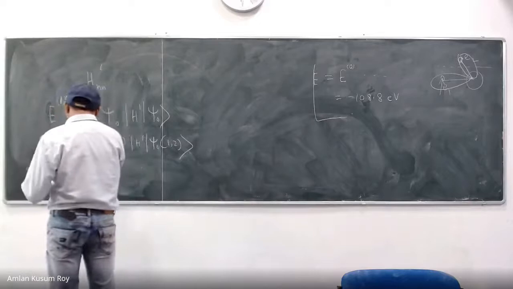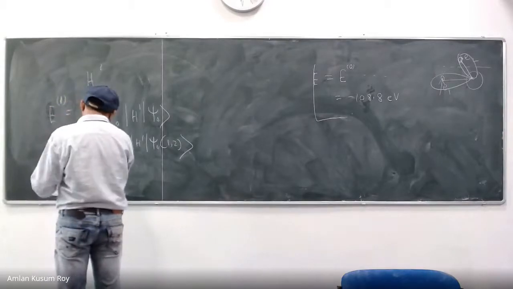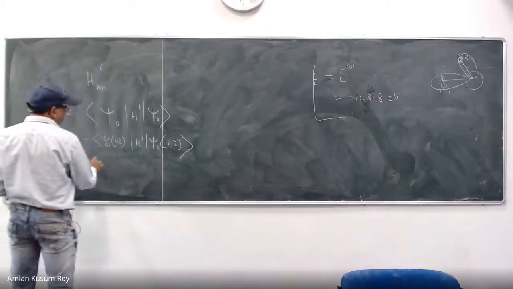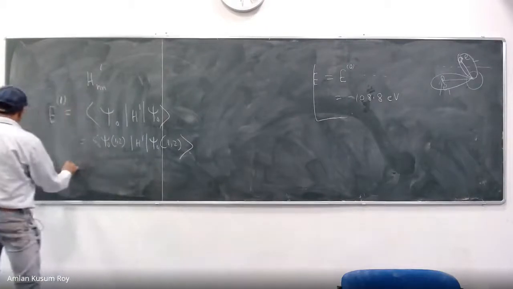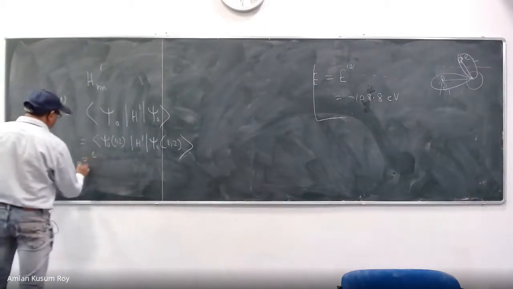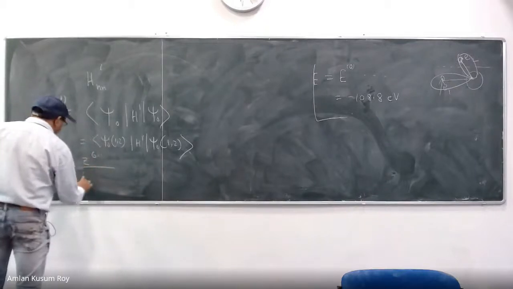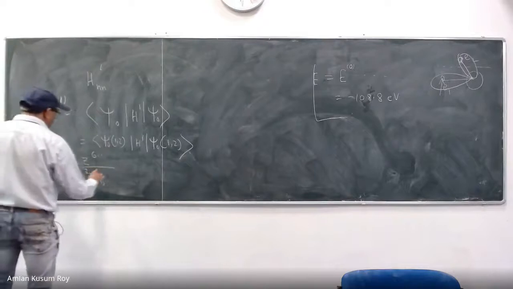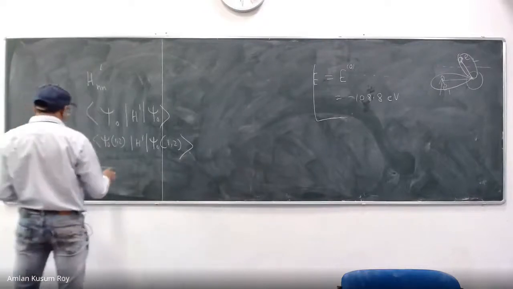If you do it, you get pi square a0 to the power 6. Every good book will discuss this problem in its own way.